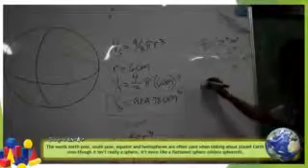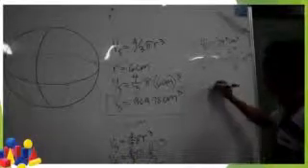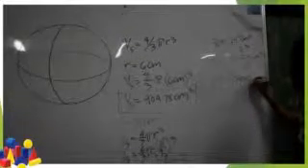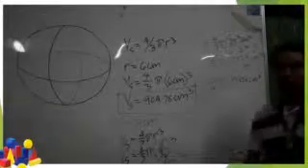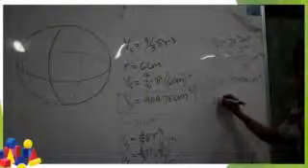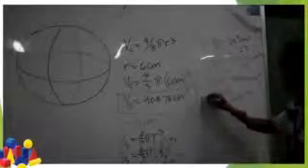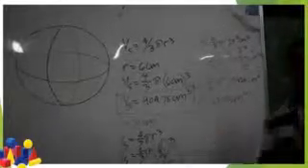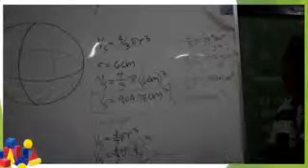Cancel out this and we have 1 over 6 pi times 13,824 centimeter raised to 3. By solving this, we have 2,304 cubic centimeter, which is the volume of a sphere. Okay. You have the final answer here: 2,304 centimeter cube.